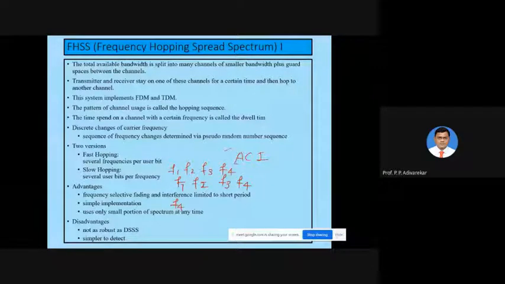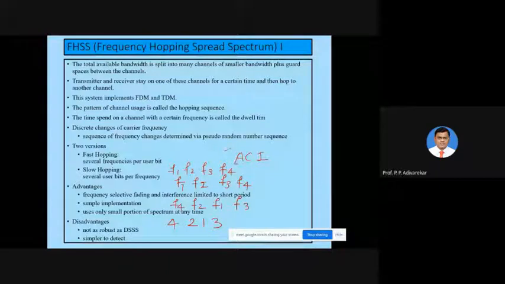Later on it will jump to, suppose, F2. Then it may jump to F1 again, and then it may go to F3. So the sequence here is 4213, which is different from the original sequence.